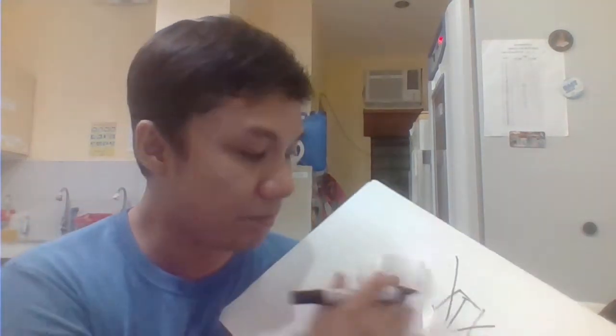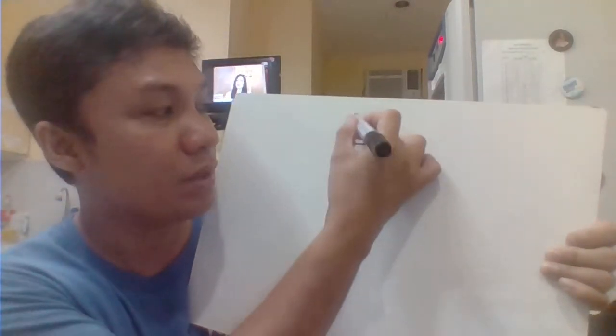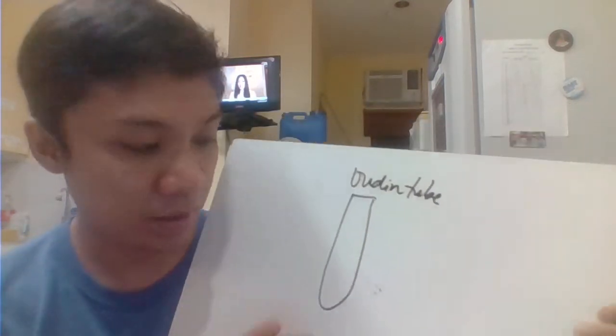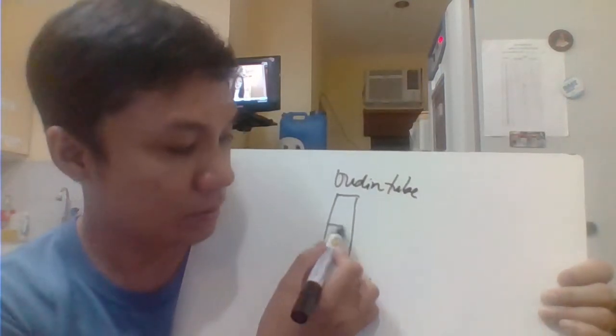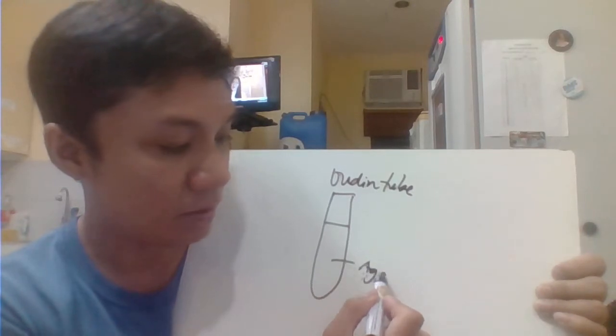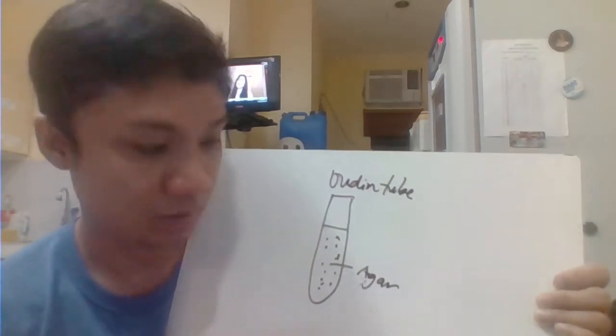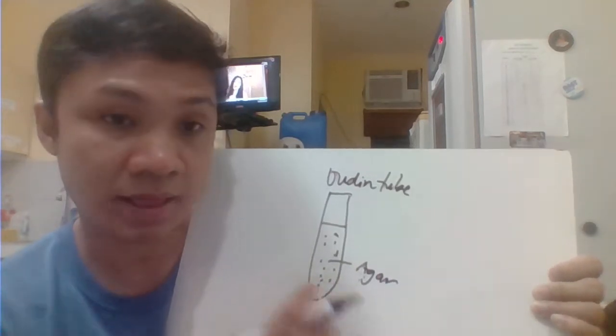Okay, we have an example of your passive immunodiffusion. The first one is your one-dimensional or the Oudin tube. The setup of the Oudin tube: this is one-dimensional. This is your agar, where you have your antibody, which is your reagent.